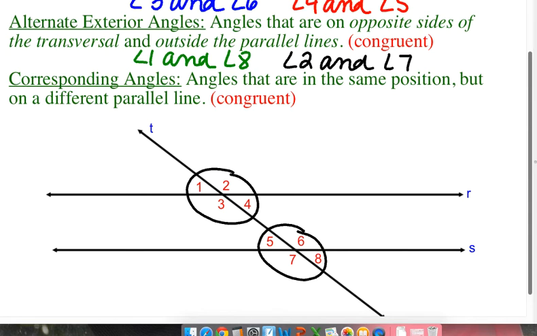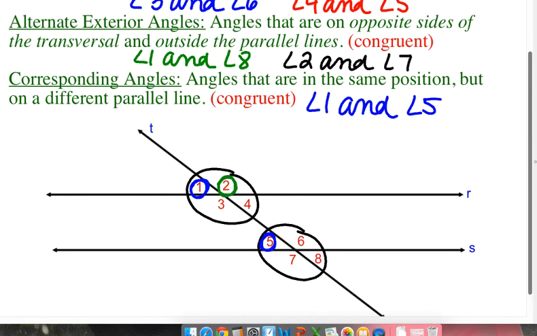So if I'm looking for corresponding angles, they're in the same position, but on a different parallel line. So that would be angle 1 corresponds down here to angle 5, right? Aren't they kind of in the same position? Just in different groups?